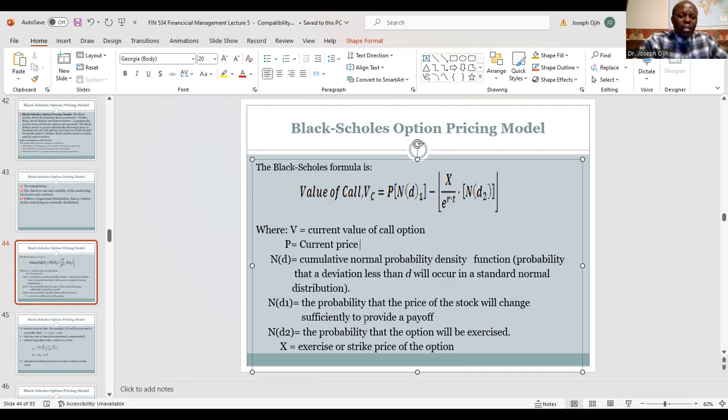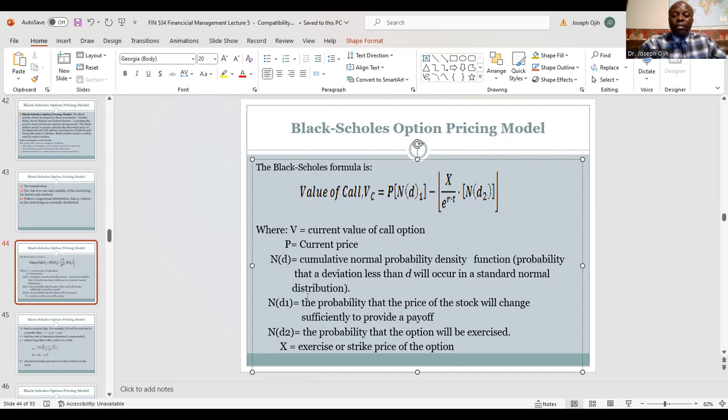N(d) simply means the cumulative normal probability density function. Basically, it represents the probability that a deviation less than d will occur in a standard normal distribution. That is the general concept.